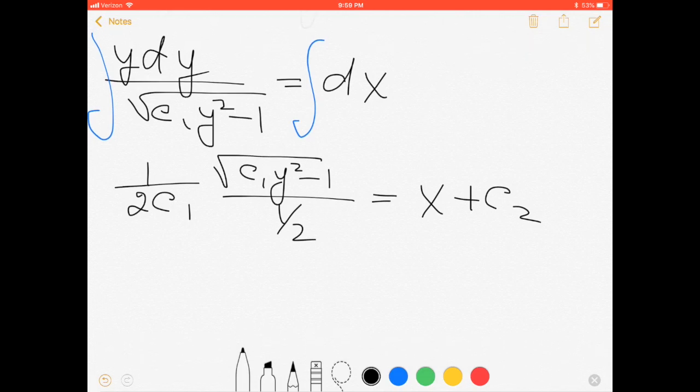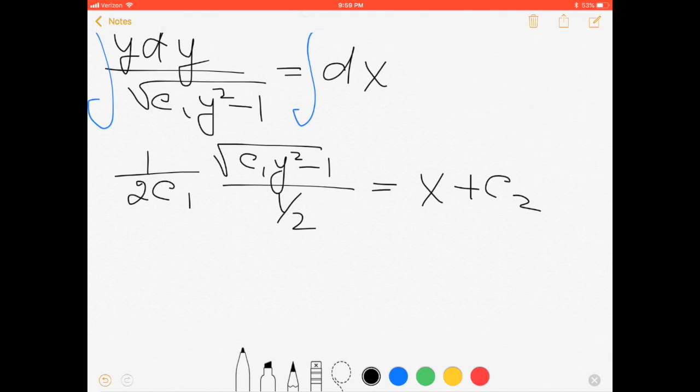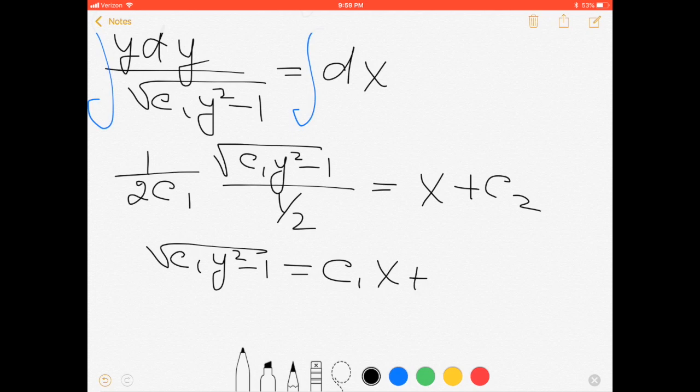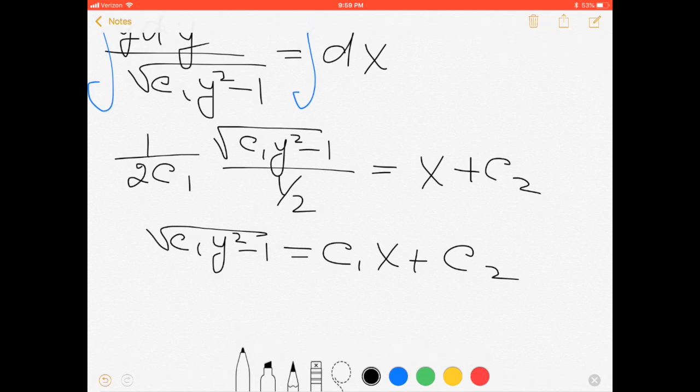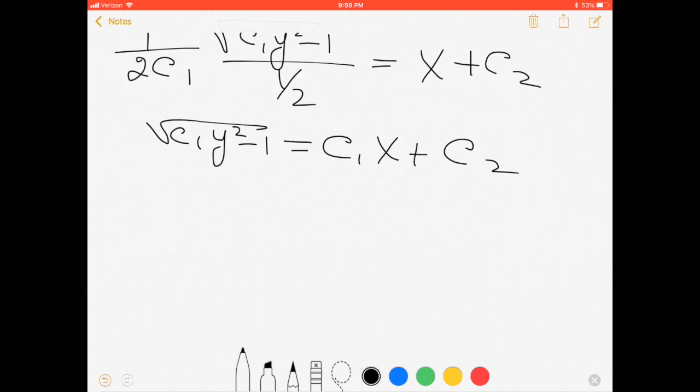Okay, this means I have the square root of c1 y squared minus 1 equal c1 x plus c1 times c2, but I can write only c2 because it's not dependent, it's some different parameter.